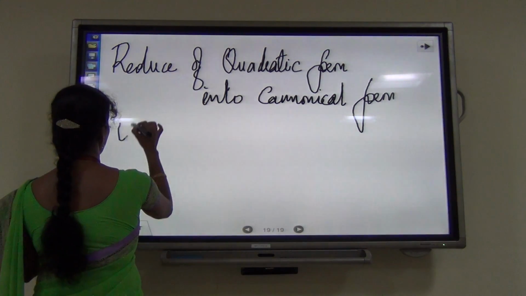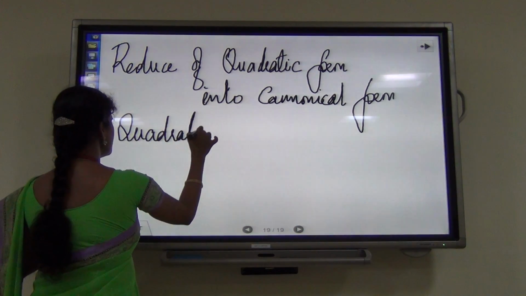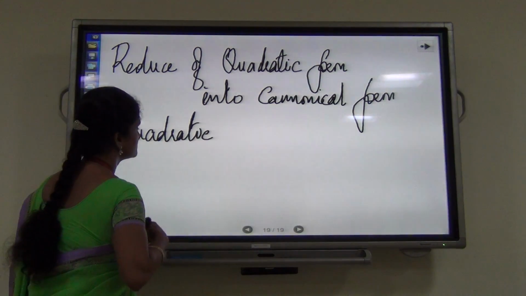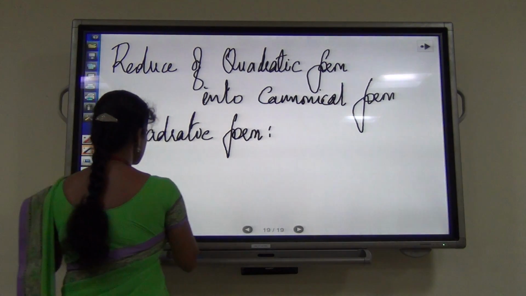What is a quadratic form? Quadratic means it is an equation of degree 2. So let us define this.